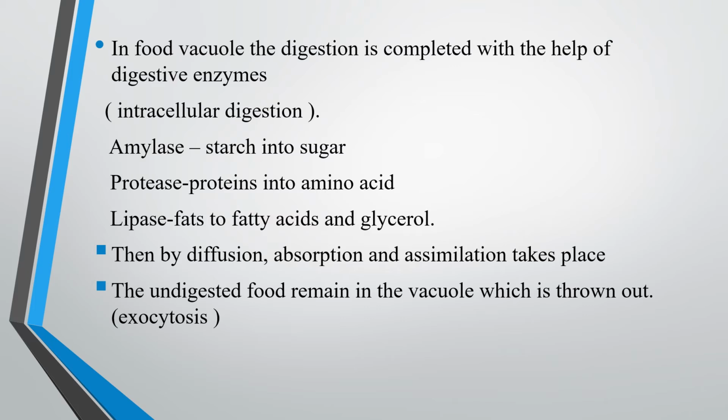Three types of enzymes are there. Amylase acts on starch. Protease converts protein into amino acids. Lipase acts on fat and converts it into fatty acids and glycerol. Then by diffusion, absorption and assimilation take place. The undigested food remains in the vacuole and is thrown out, that is exocytosis.